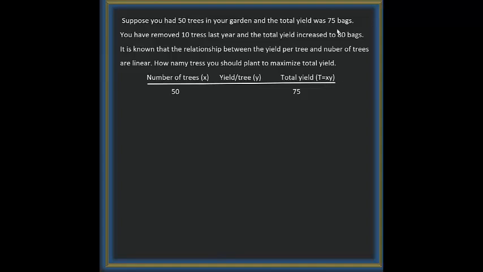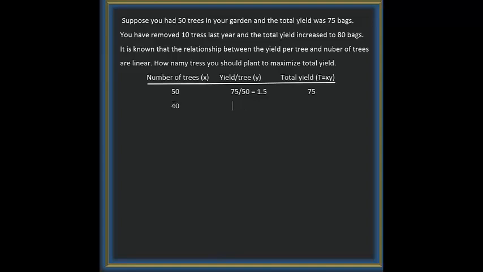So now the figures we have here, these are total. So that's why I'm writing here 50 trees, I have total yield 75. So I need to find what is my yield per tree. So it will be 75 divided by 50. If you simplify, it is 1.5 bags per tree. All right, so this is the first part. Now the second part we have, when you remove 10 trees is 40 now, and the total yield we have 80.